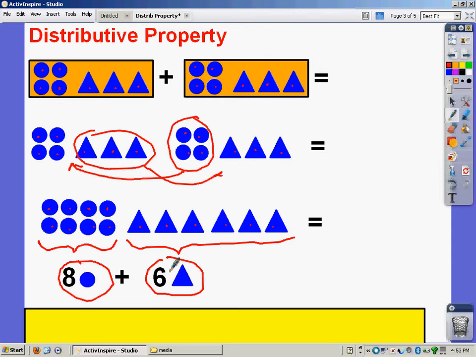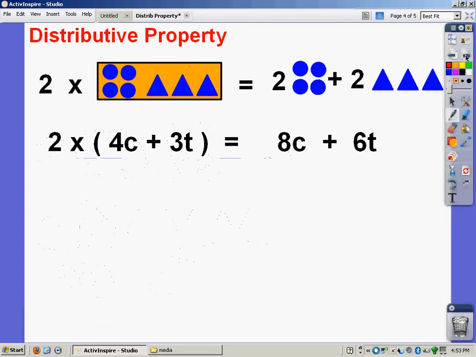Believe it or not, that's an application of distributive property. But in terms of mathematics, I would like to think of it this way. Instead of writing 2 individual boxes, I could just say, well, since each box is the same, I really have 2 times this same box.